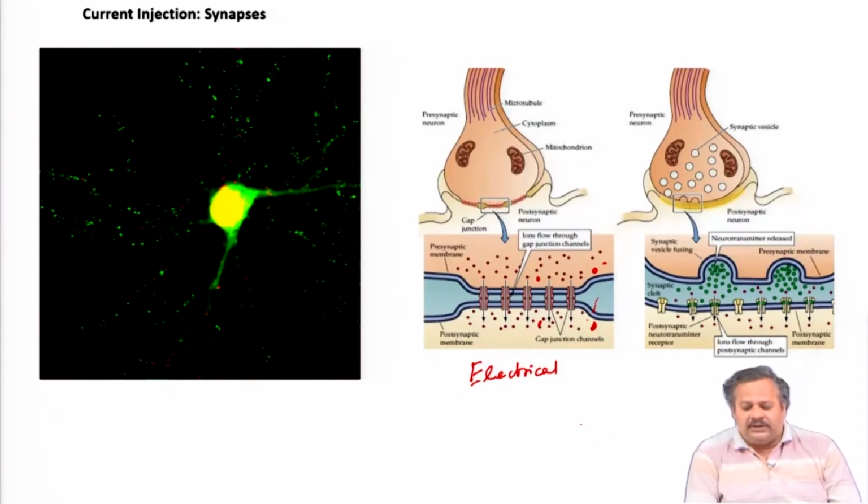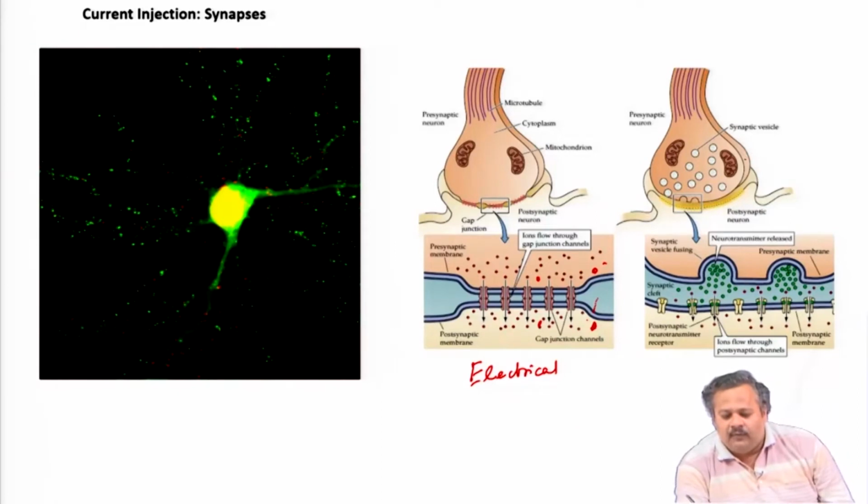And as we have discussed, in chemical synapses we have what we call a release of neurotransmitters.